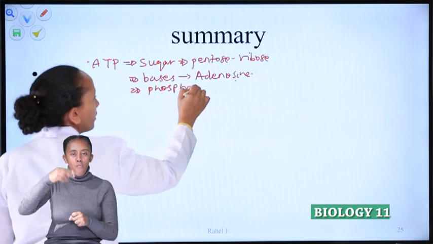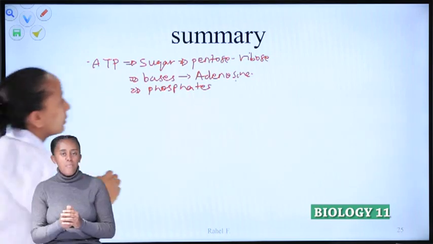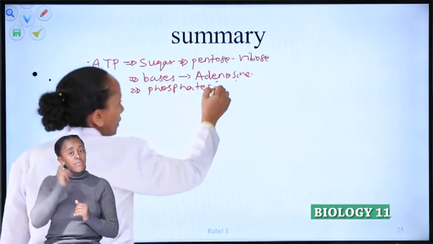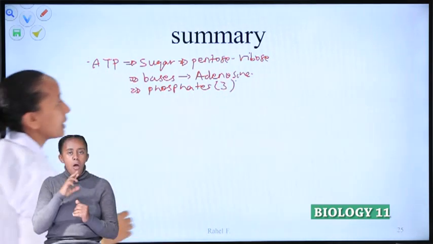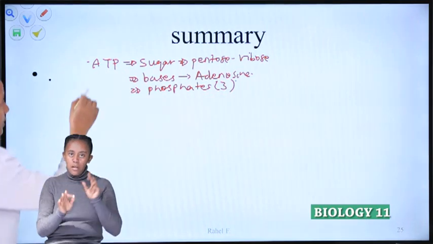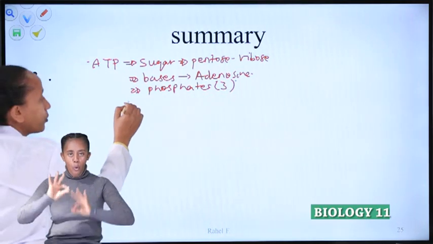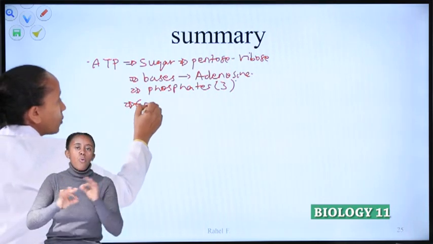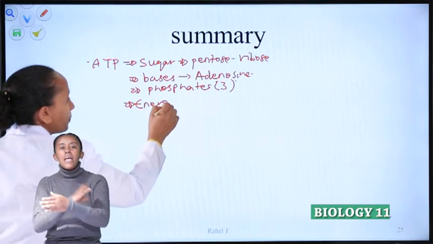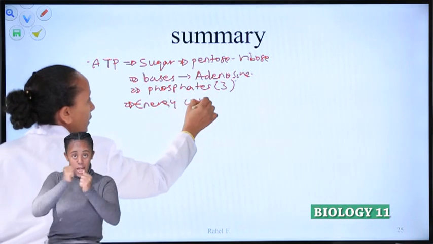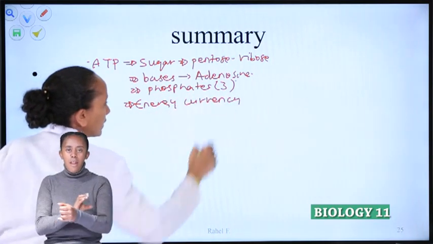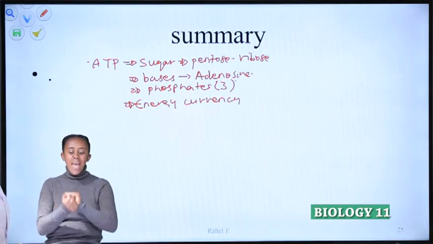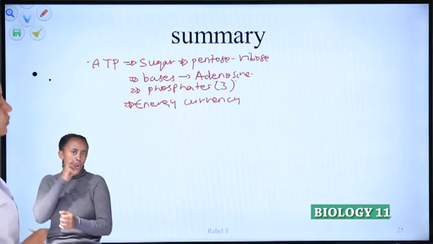In our case, the phosphates are 3 in number. And this molecule is an important energy carrier, so it is known as the energy currency of the cell.